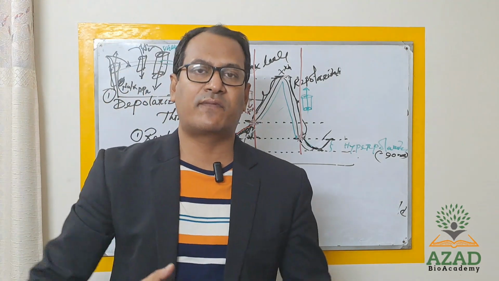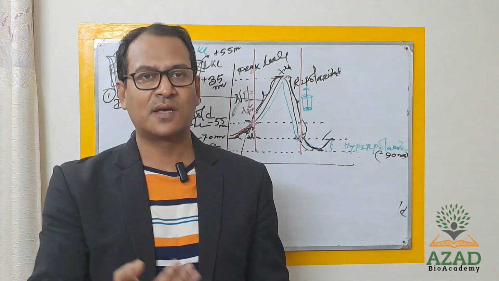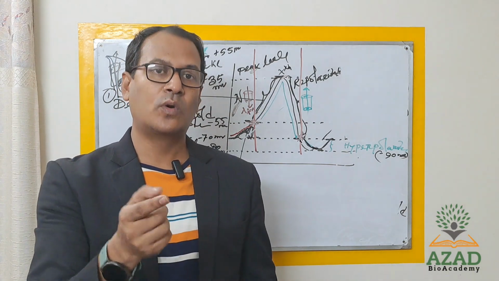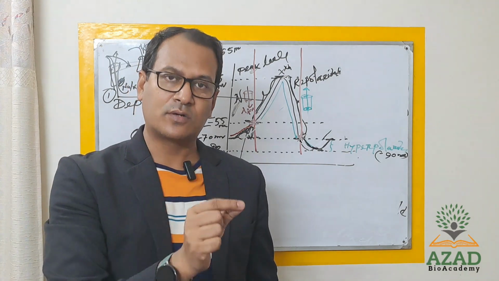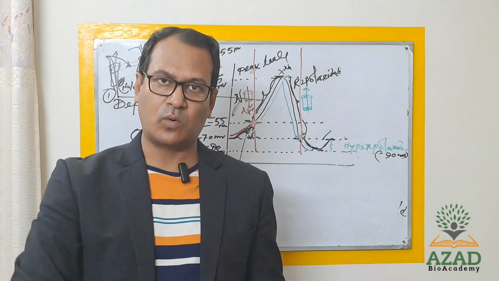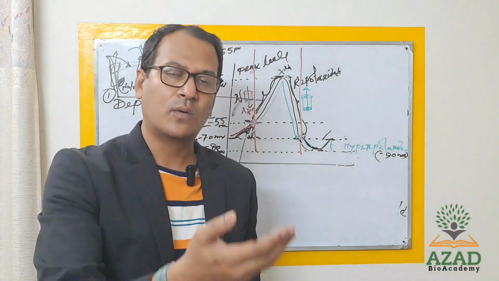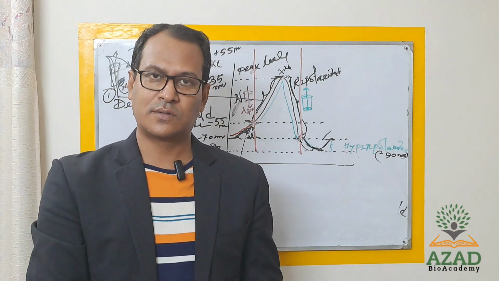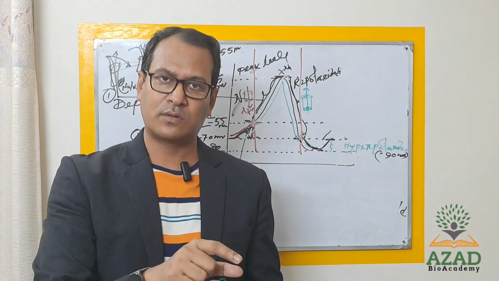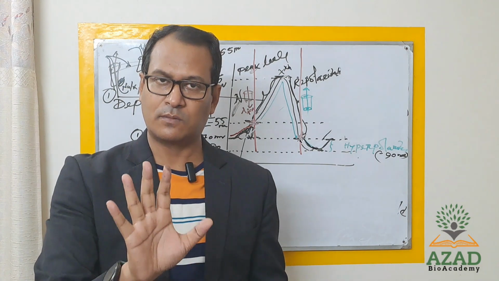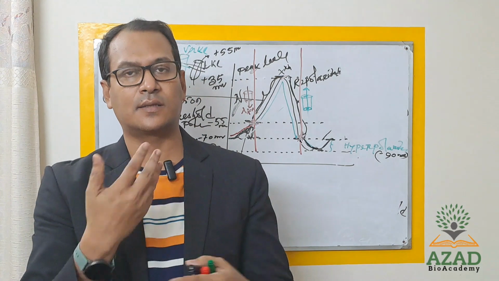What does refractory period mean? Suppose you order someone to do something, and he or she starts the work, and at the very beginning you order another work. Is it possible to do both at a time? It's almost impossible. Your nerve cell works just like that.